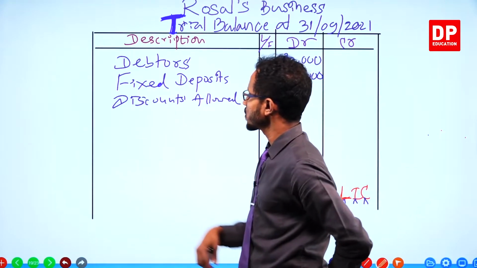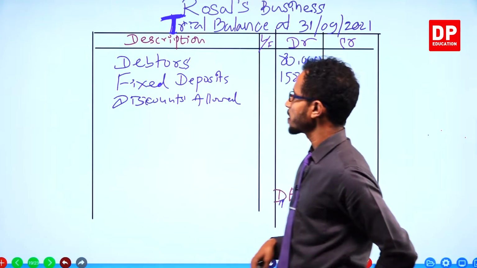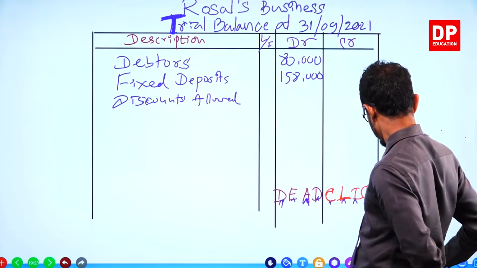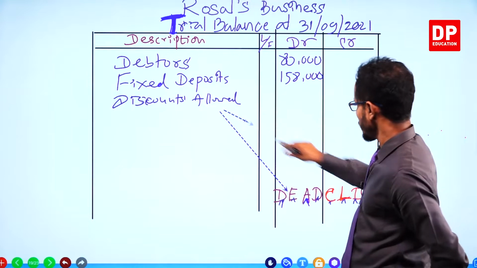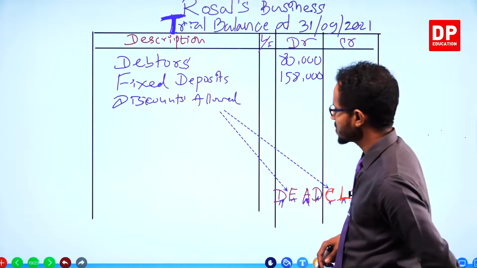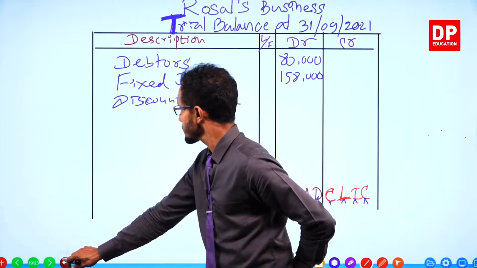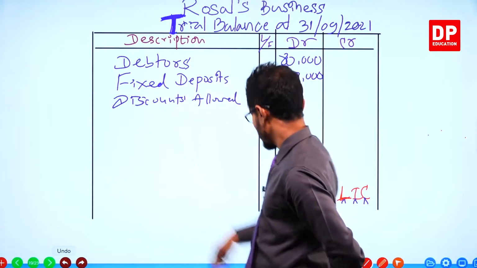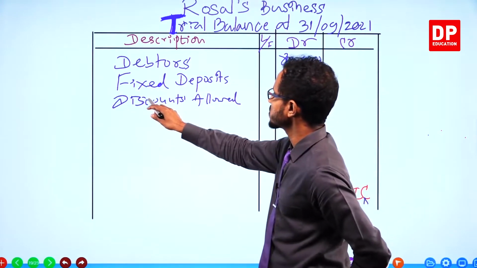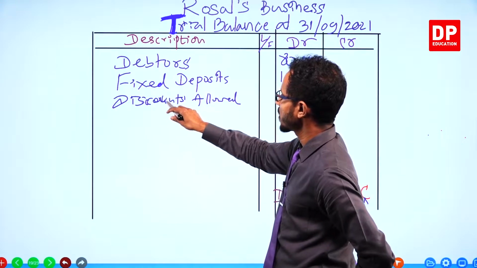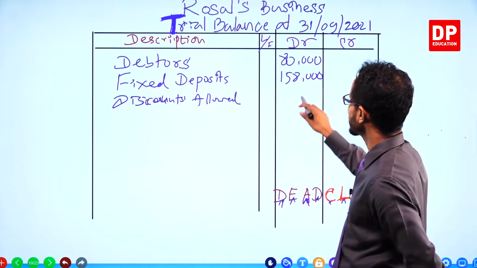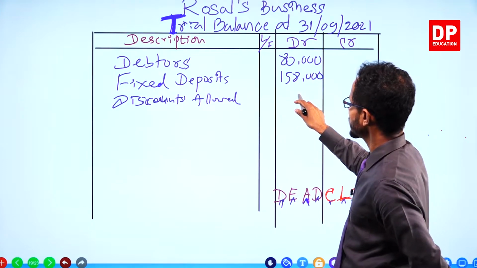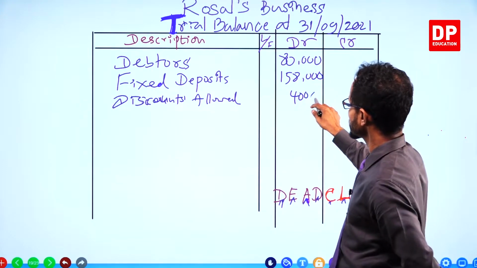Discounts allowed, which side? Is it a dead item or a click item? Well, children, it's an expense. Expenses are always in the debit side. So let's put it to the debit side, discounts allowed 4,000.